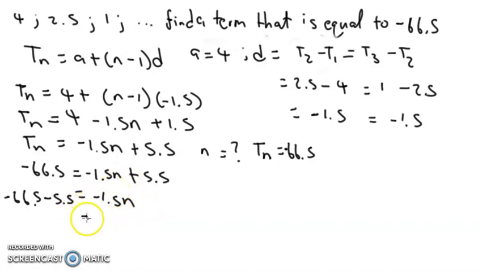So we're going to get negative 66.5 minus 5.5 is equal to negative 72, and that's going to be negative 1.5n. We're going to divide on both sides by negative 1.5.